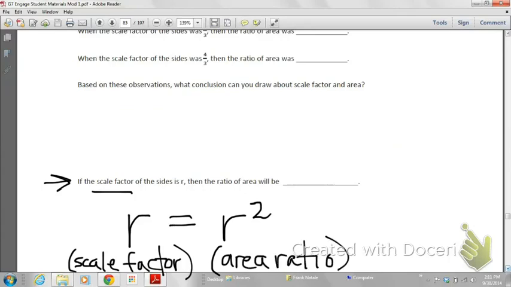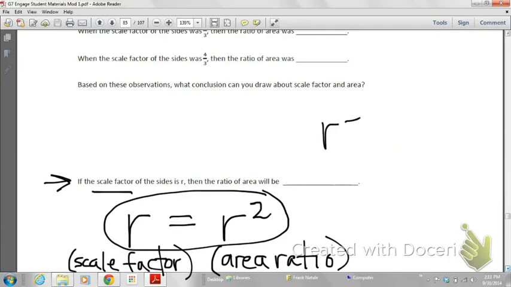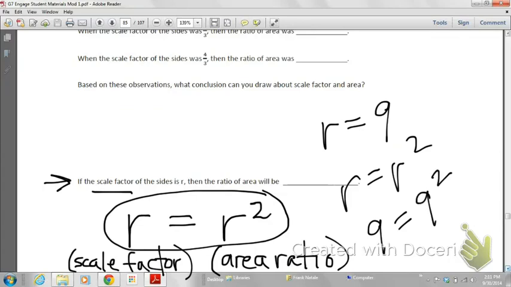So therefore, with this equation in mind, we could always plug in anything. If we find out that the scale factor for a certain scale drawing is 9, for example, we know R equals 9. We can plug that in.